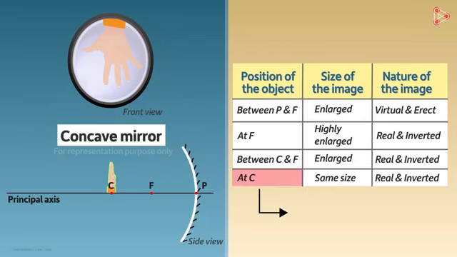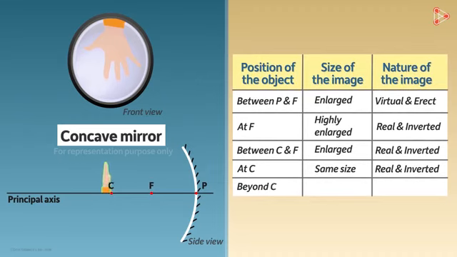Yes, at this point, both the object and the image are of the same size. What next? If I move this object beyond point C, the image remains real and inverted. But now the size of the image is actually smaller compared to the size of the object. So we say that the image is diminished. This is also a real image. As the object keeps moving beyond C, the size of the image keeps on reducing.